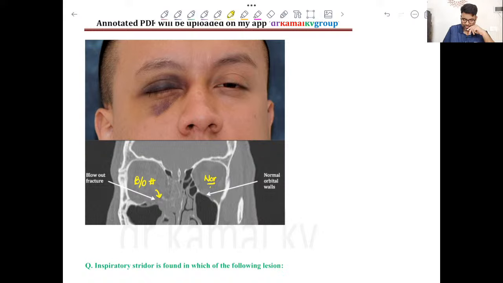Here you can see there is fracture of the floor of orbit. This is how it is seen on a coronal CT scan. Fine. And again you can see there are telltale signs of blunt injury to the eye. So that is all blowout fracture, right? So just remember floor of orbit.